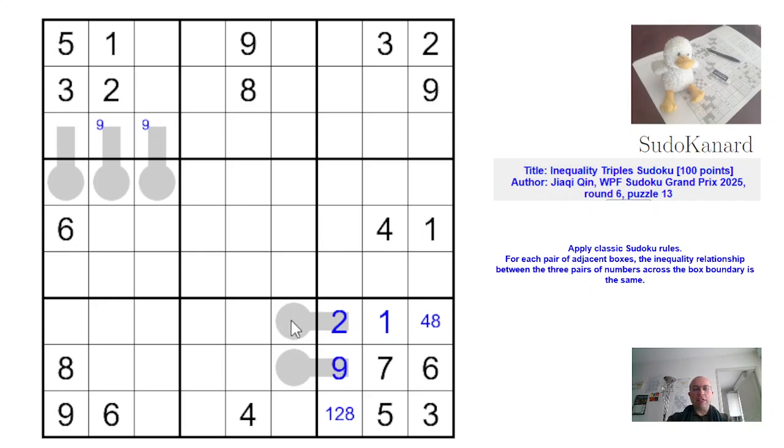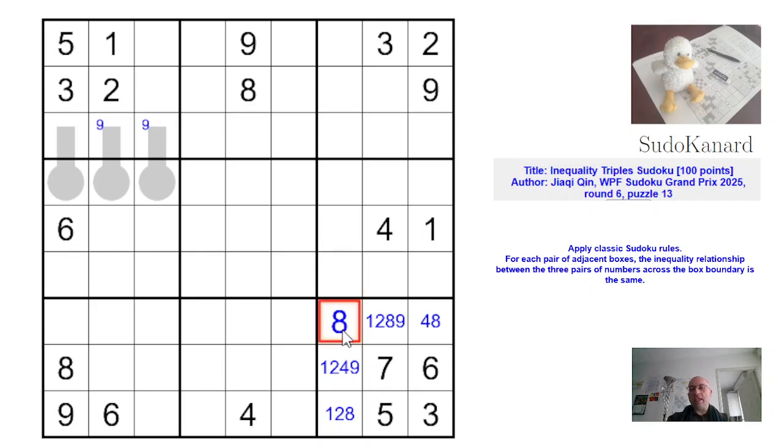But being like this, it will require this to be a 1, which is contradicted by this one. And the same would apply if I tried to put the 1 on this side and the 9 there. Then the ascending thermometer here would require a 1 here, and it would break, which is a very nice setup.